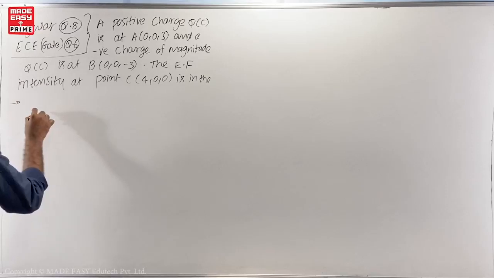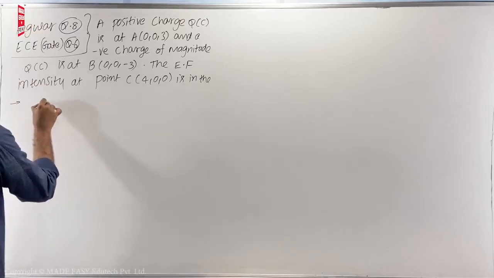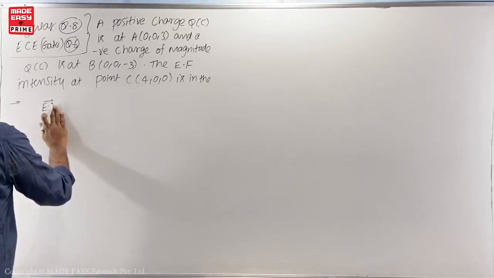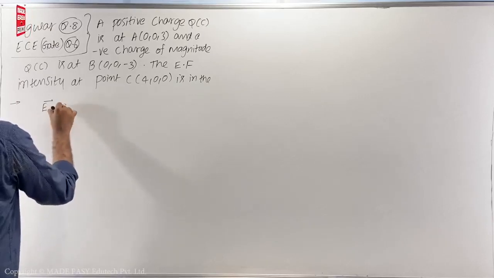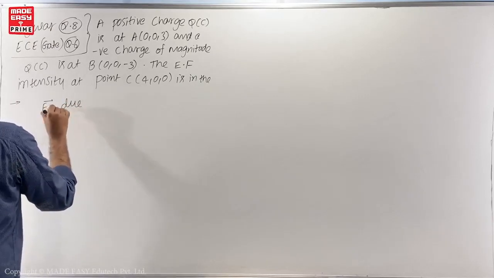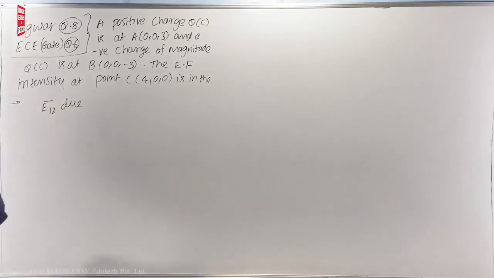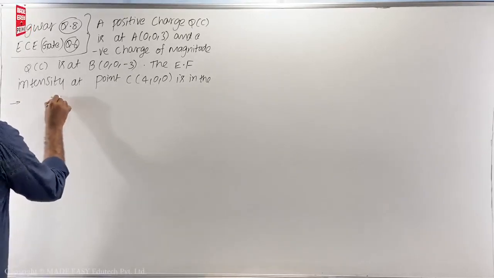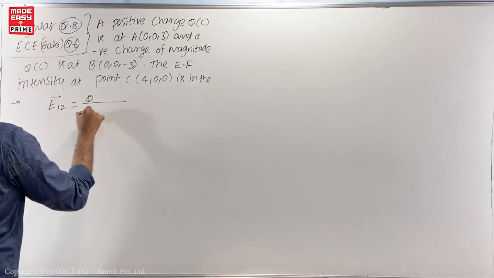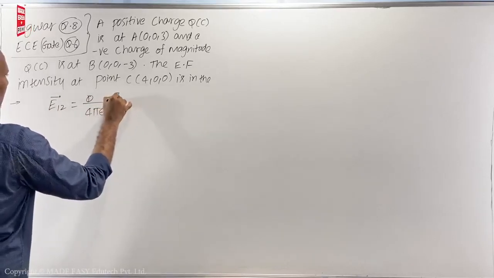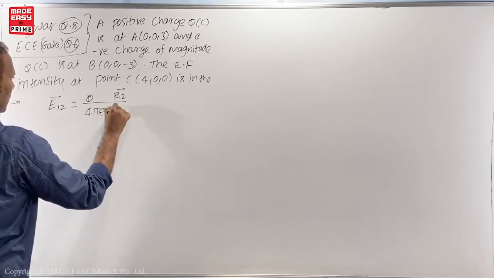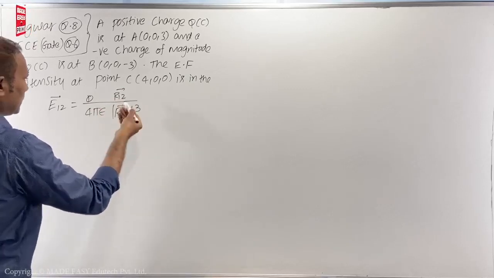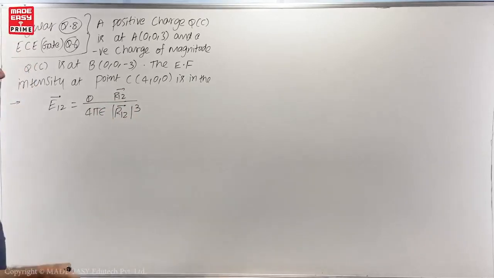So very simple students. E12 bar due to point charge is simply I will write like this. Already you know, student, why to waste time? Electric field intensity due to point charge is Q divided by 4 pi epsilon R12 bar divided by modulus of R12 whole cube. This is electric field due to point charge.